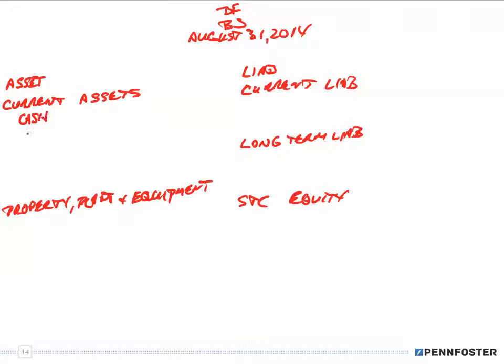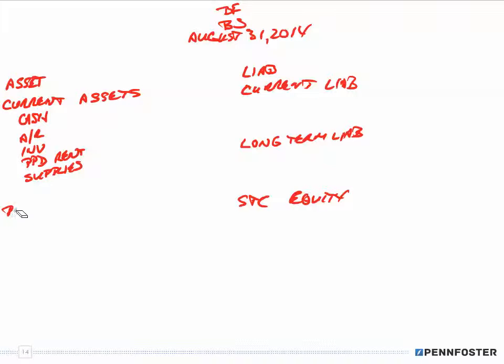So I have cash, and I have an accounts receivable, and I have inventory, and I have prepaid rent, and I have supplies. Now, due to space here, I'm going to erase this, and I'm just going to write this as PPE. But remember, you would actually write out the whole thing, but I need space in order to make my columns.